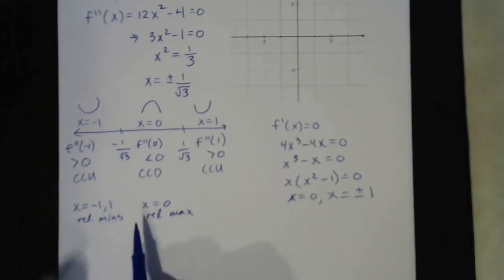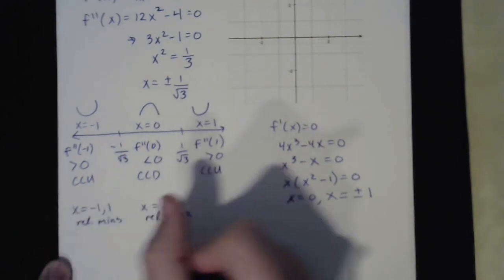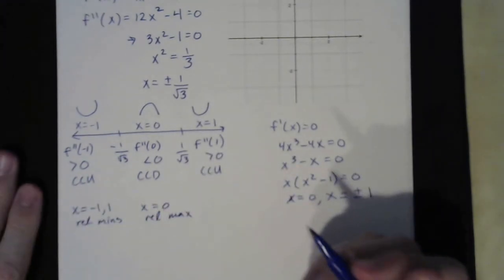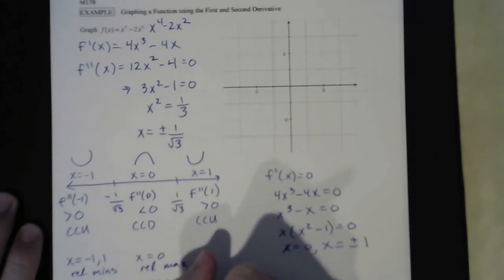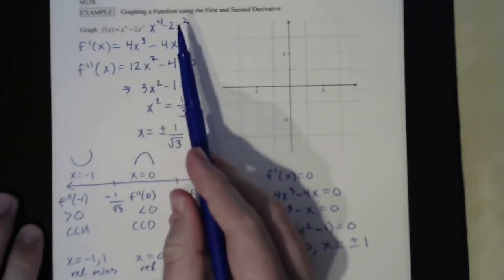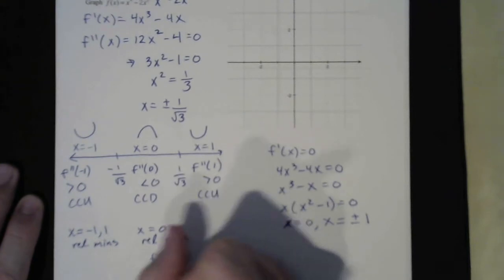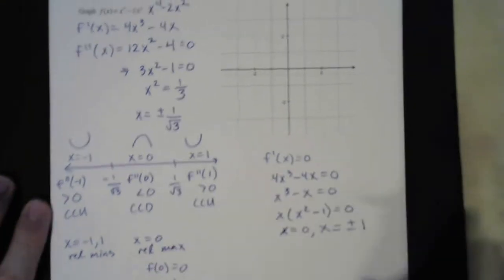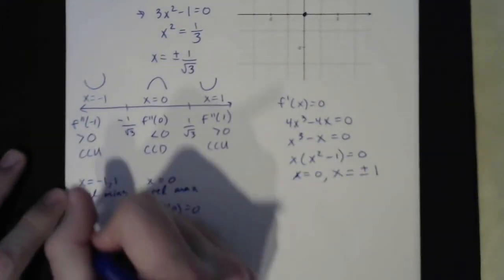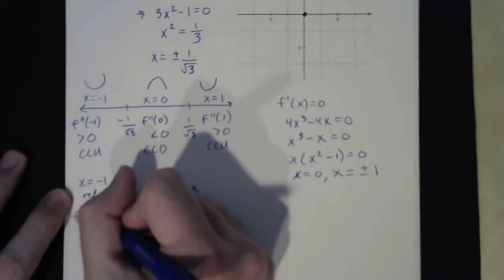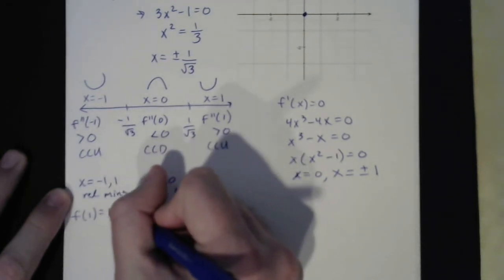So if we plug in -1, well, let's do 0 first. It's easy. f of 0 plugging back in is just going to be 0. So that gives us the point 0, 0 that we can plot. Then f of 1 is going to be 1 minus 2, which is -1.